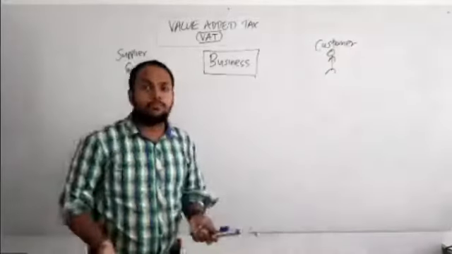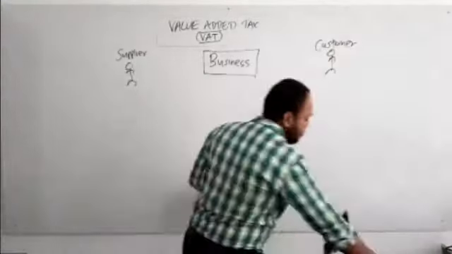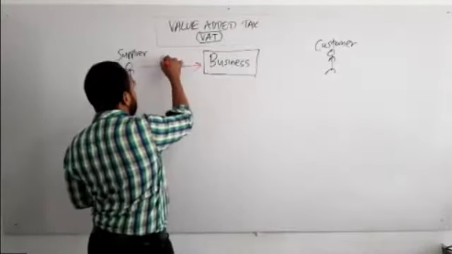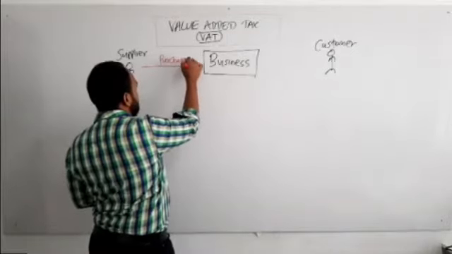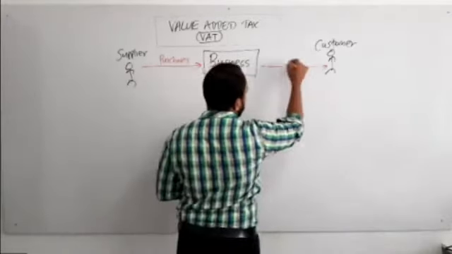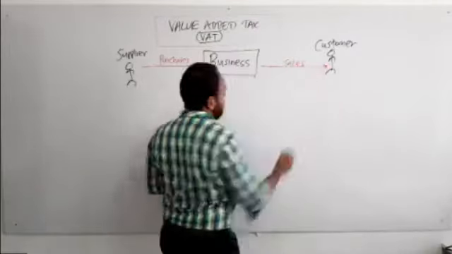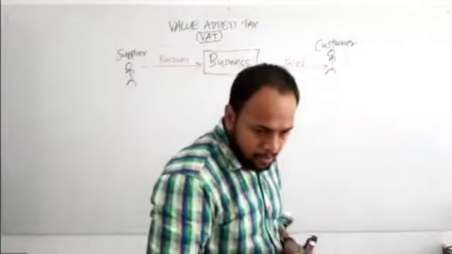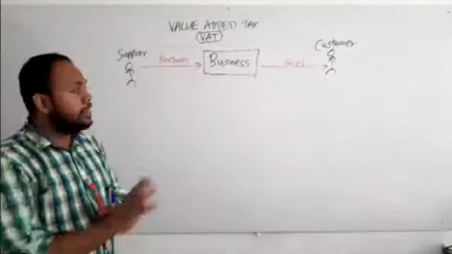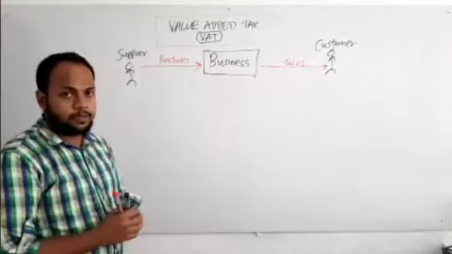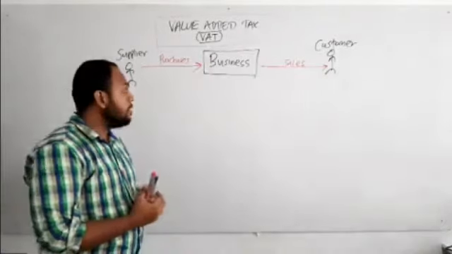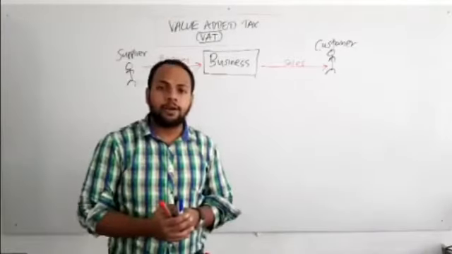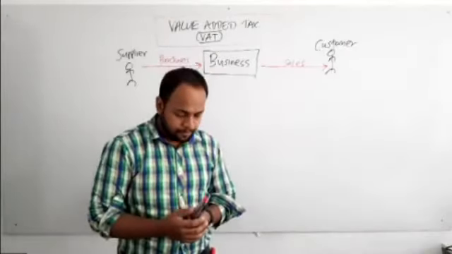In a business, we purchase from suppliers and we sell to customers. Now we will see how the VAT is recorded, the accounting part of value added tax.